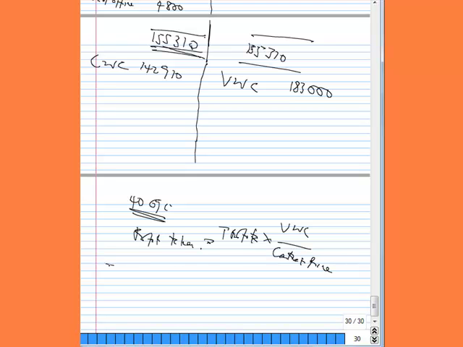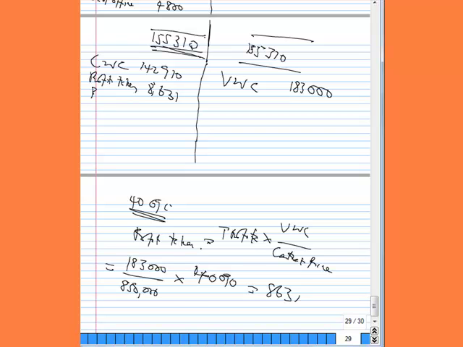The value of work certified is 183,000 over the total contract price of 850,000, times 40,090, which is the apparent profit. So the profit taken is 8,631.